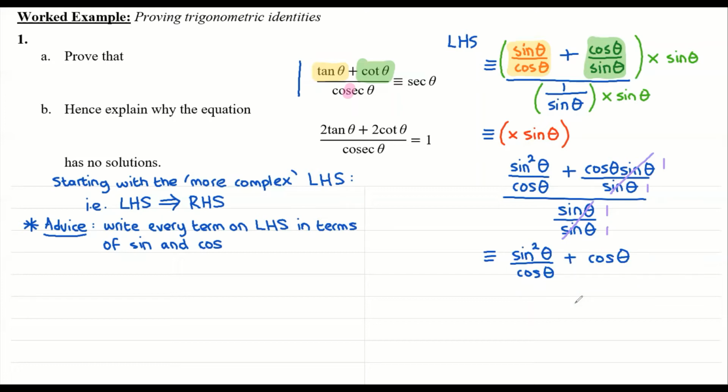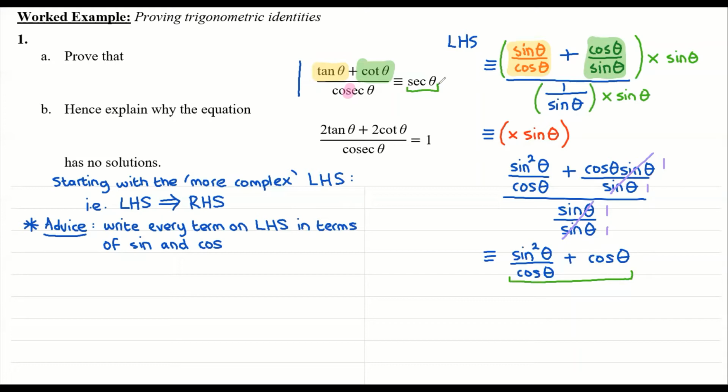Now, the other thing to notice now is we've got something that looks a little bit complicated, and we're trying to get towards sec theta. Now, you might be looking at this and getting a bit worried, thinking this is going in the wrong direction. But the thing to notice now is we've got 2 terms, okay? And I want to get it down to just 1 term.